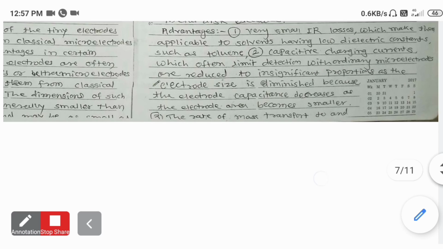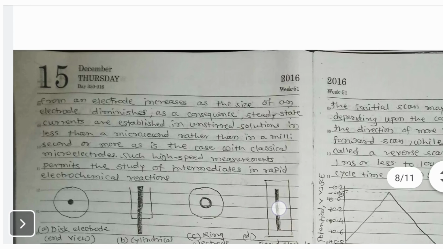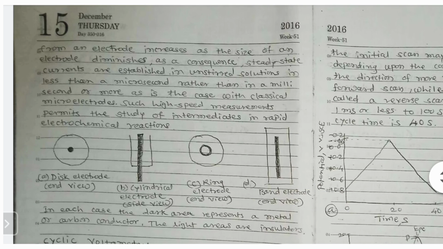Next, the rate of mass transport to and from an electrode will increase as the size of the electrode diminishes, and as a consequence, a steady state current is established in unstirred solution.